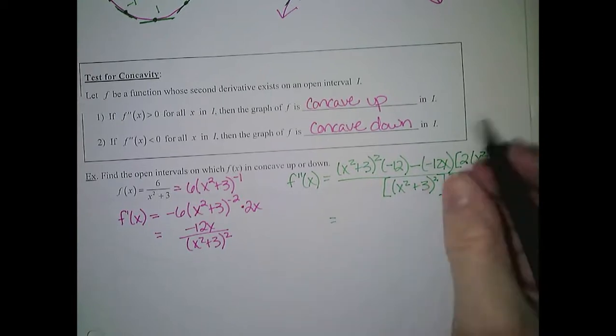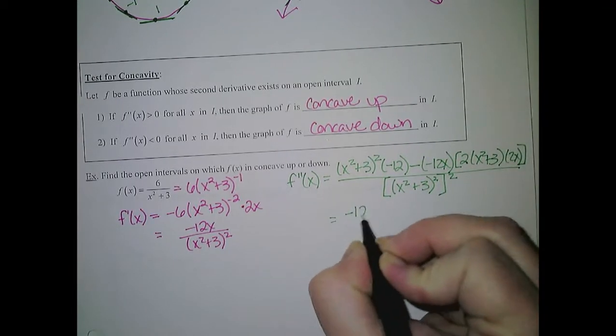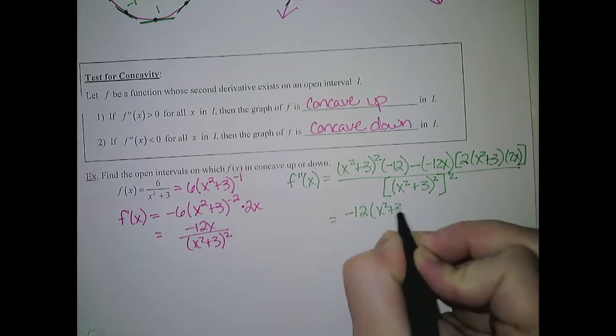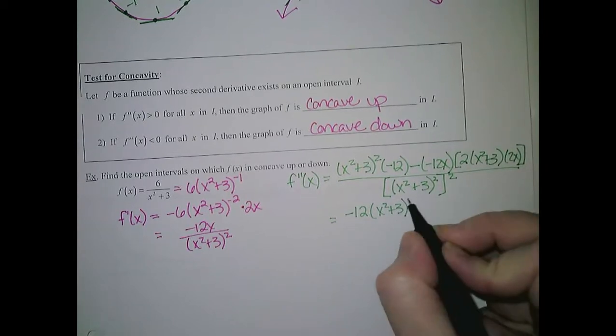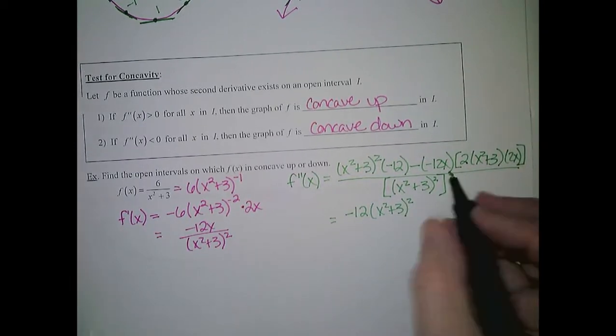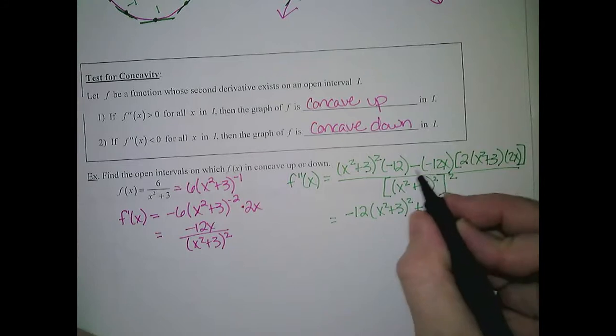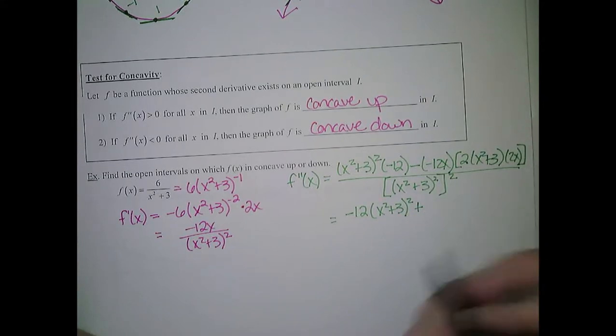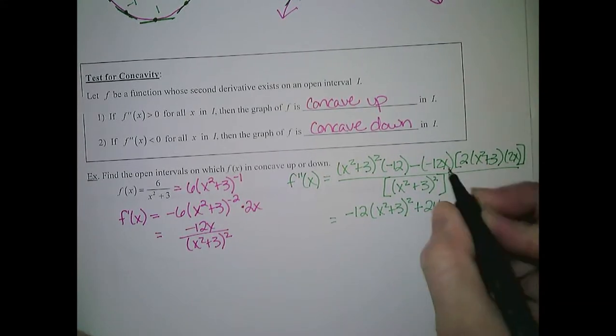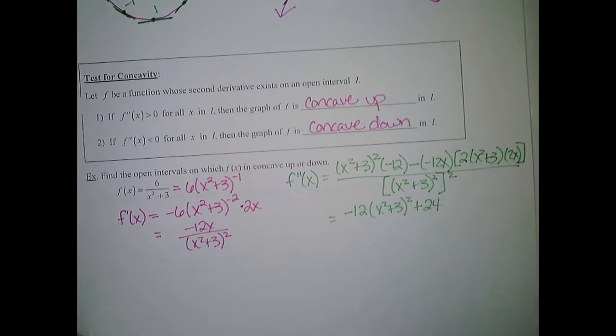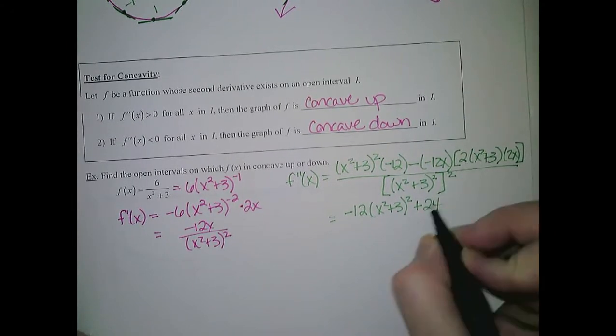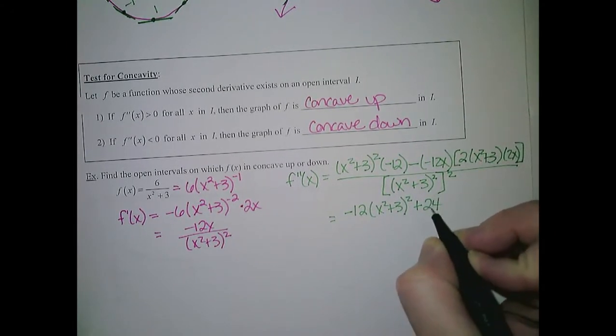I'm going to have negative 12 times (x squared plus 3) squared. Plus, because we've got those two negatives, 12 times 2 gives me 24. Oh, you know what? We could actually go ahead and multiply that times 2 again, so that's going to be 48.